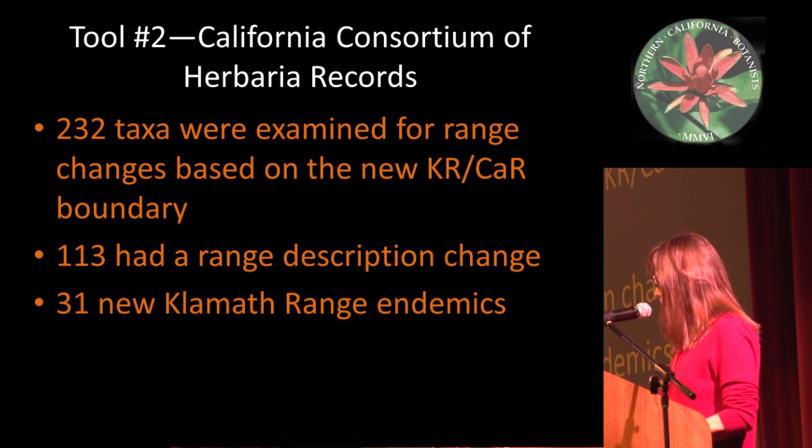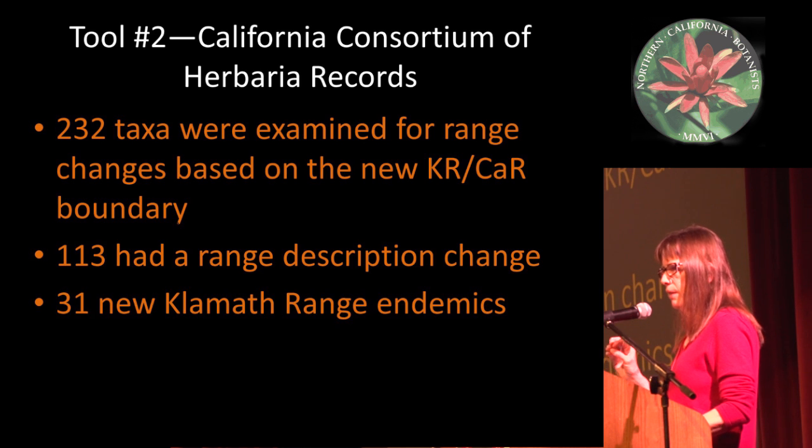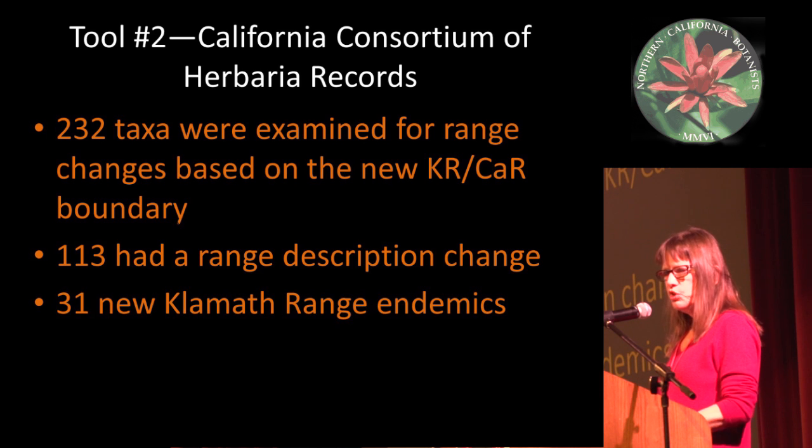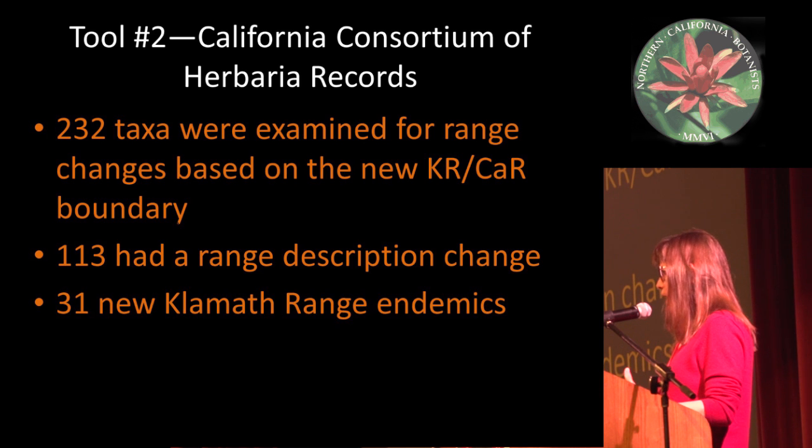And at the end of our process, which took, I don't know, 6 or 8 months, I would guess, we had 113 of those tags, so that we did have a change in the text string that shows in the e-flora. And not surprisingly, 31 of those became Klamath Range endemics that before that had shown in their geographic range description Klamath Range and Cascade Range.